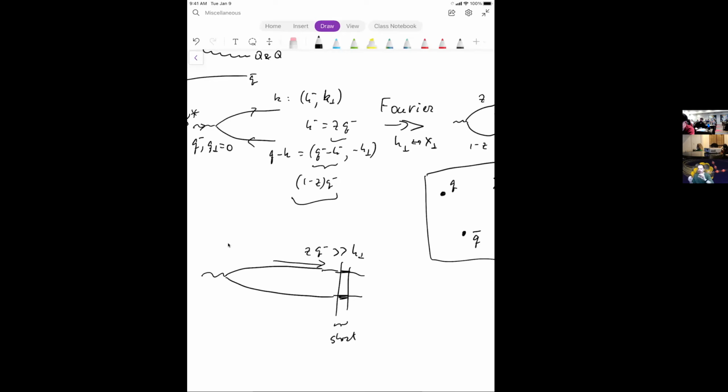That's why our amplitudes are always diagonal in x perp, right? We have the same x perp here as there. Ultimately, there is, of course, initially the dipole was a point-like object, the photon, right?